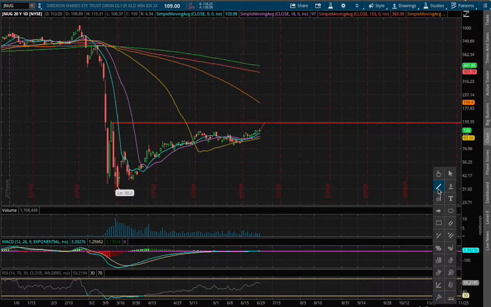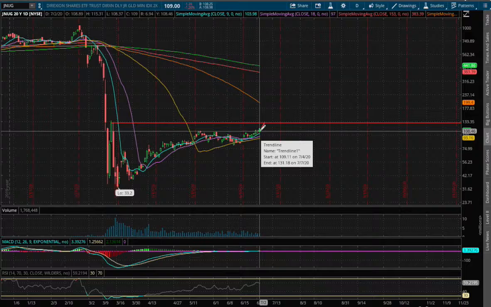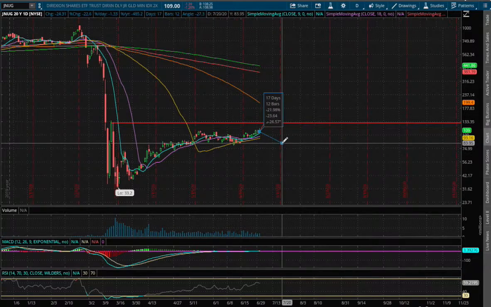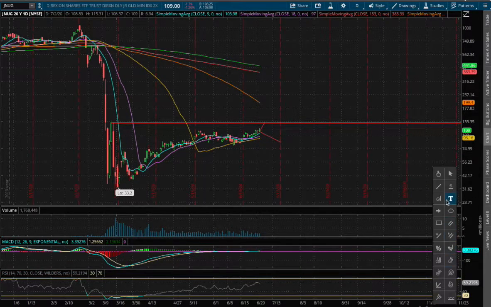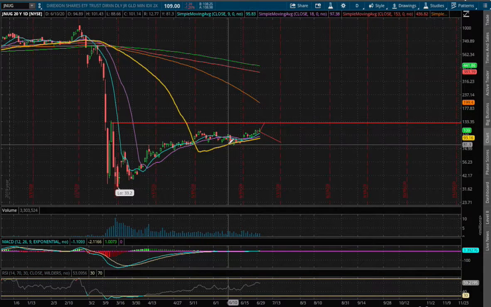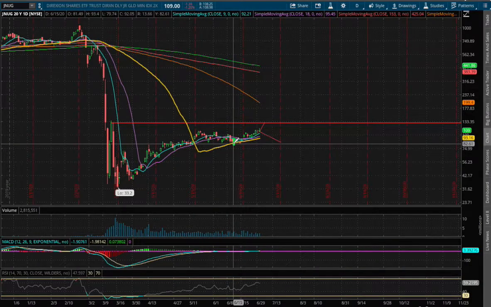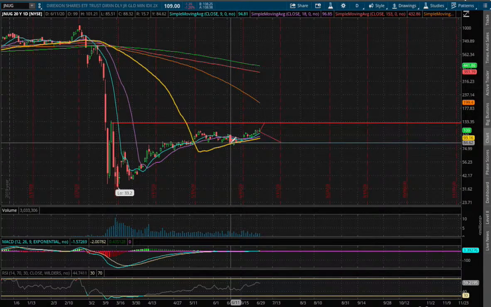Now to the downside, if JNUG were to fall 20%, that price range is roughly around $85.30, and we also see that we made support around back in June 15 at that range as well.